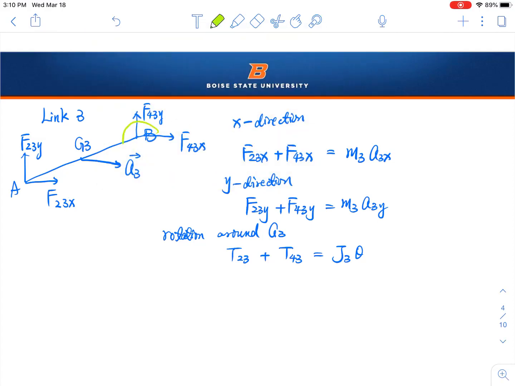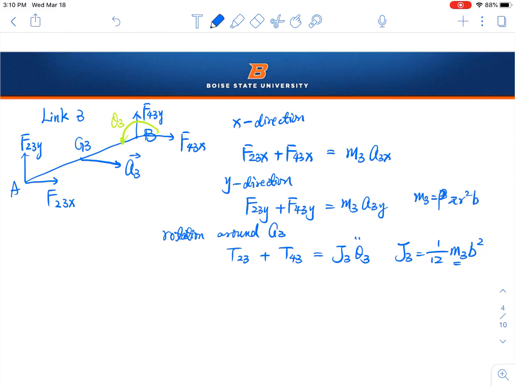The angle here is theta 3, so that's why we have theta 3 double dots. Again, your J3 is 1 over 12 m3 times the length of the bar, which is b squared.